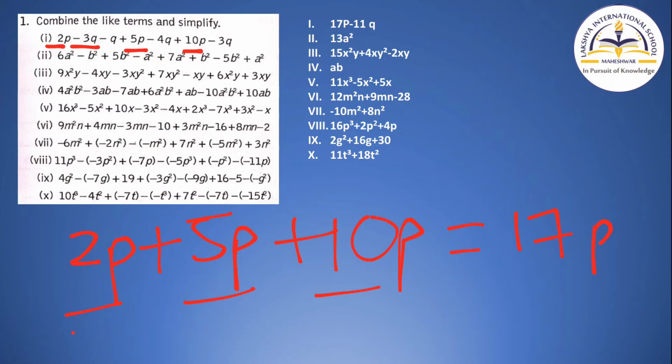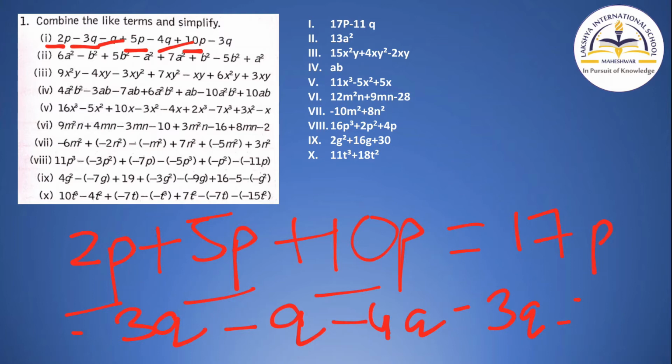Now we will solve the q terms. So minus 3q plus minus q, minus q, then minus 4q, then minus 3q.